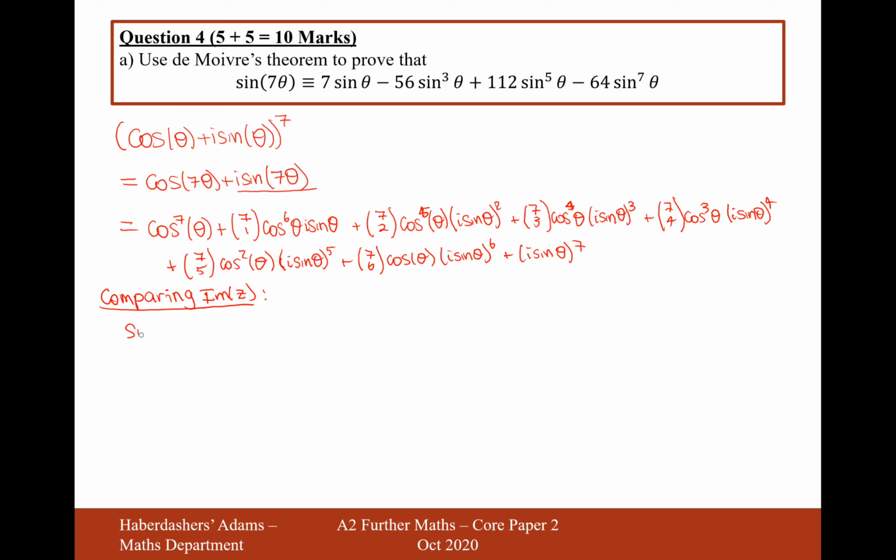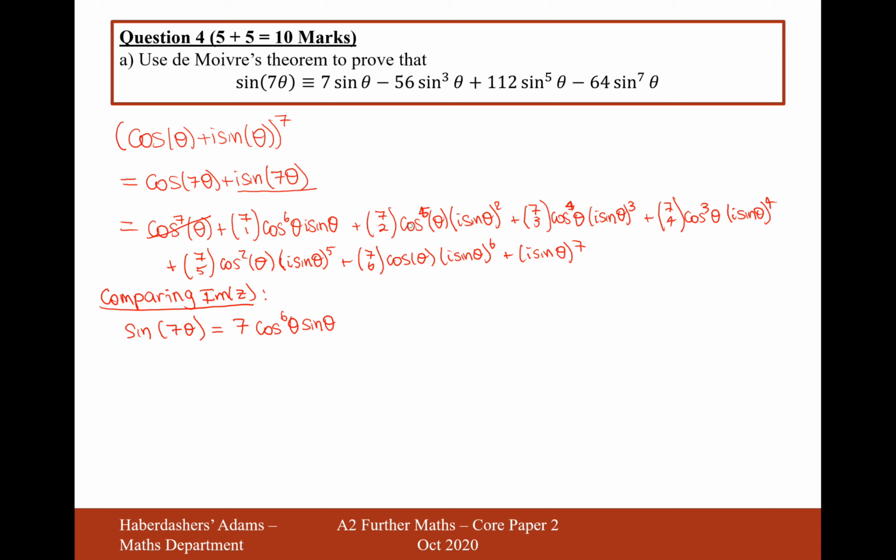So that's going to be sin 7 theta equals, now the first expression won't have an i in front of it, but this expression would. I need to work out what 7 choose 1 is: 7 choose 1 is 7. So it's going to be 7 cos to the power of 6 theta sin theta with an i in front of it.